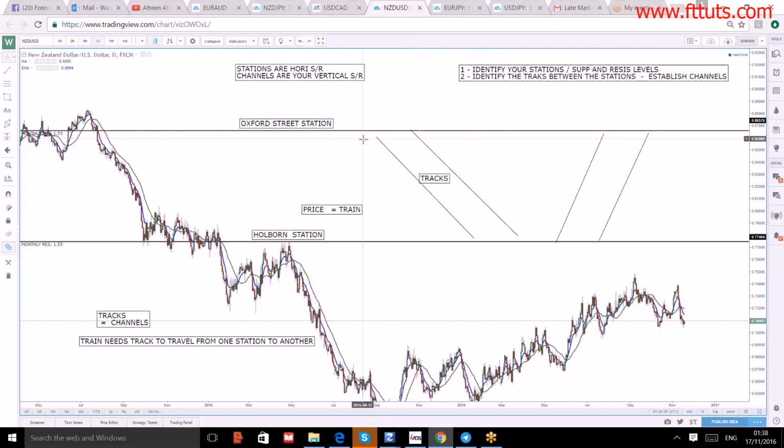Guys, remember this. The levels, the price, the direction of the price will be determined by the stations. I'm going to give you an example of this, and you'll understand. The level where the price is will be determined by the station. The level where the train is determined by what?